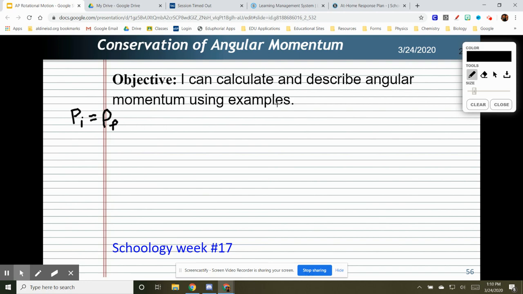There's a really important thing we have to understand about this starting equation. It's not just momentum initial equals momentum final. It's not just that. It's the sum of the momentums.